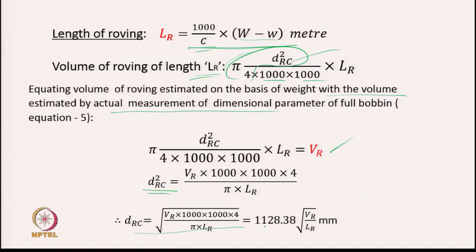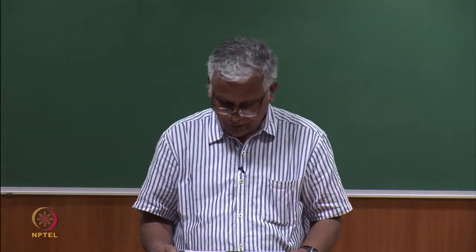DRC is going to be finally 1128.38 root over VR by LR in terms of millimeter. That means DRC I finally get in terms of millimeter.